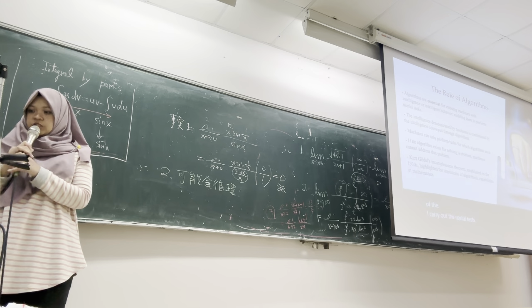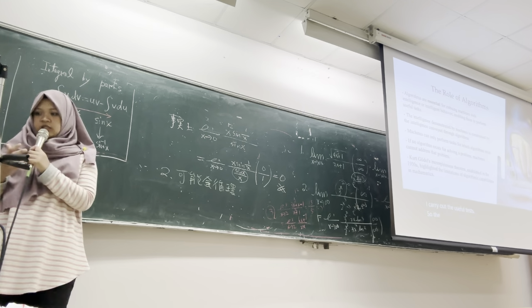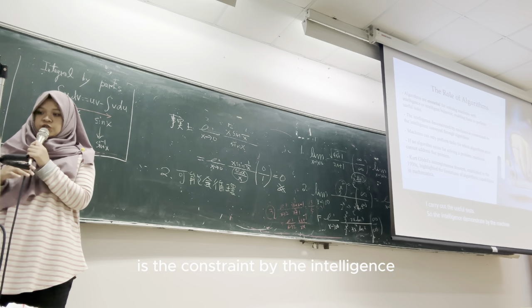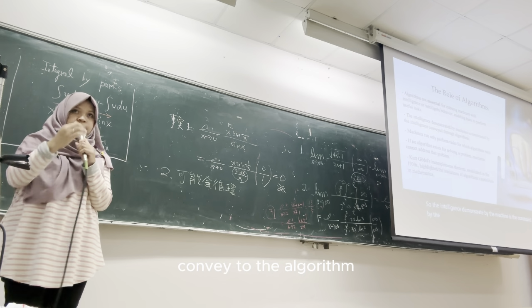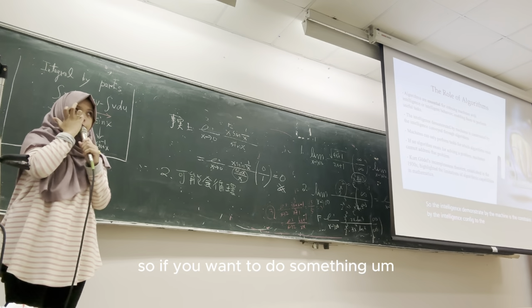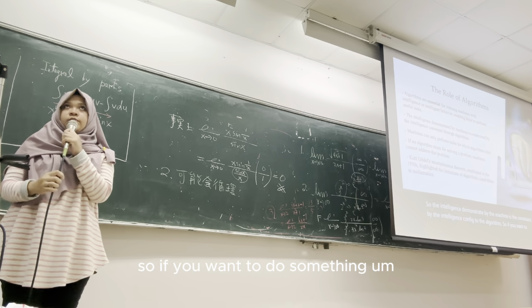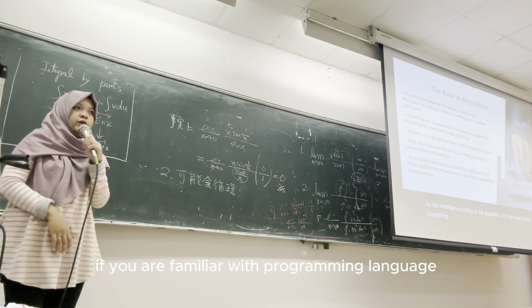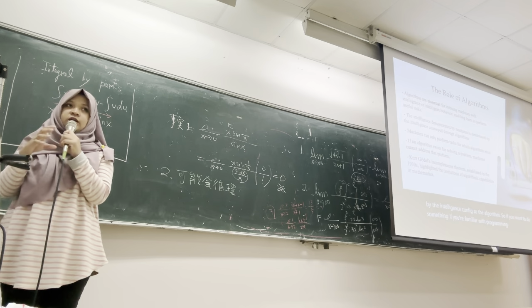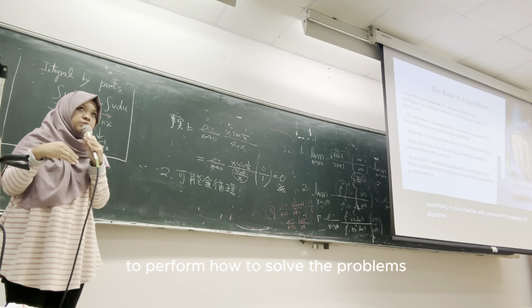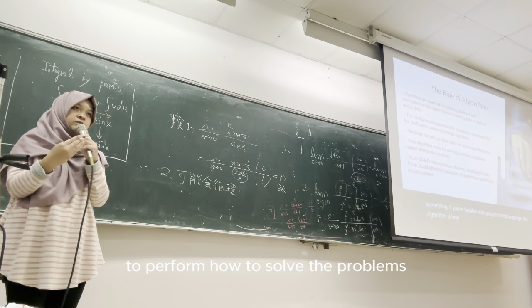So the intelligence demonstrated by the machine is constrained by the intelligence conveyed to the algorithm. If you are familiar with programming language, the algorithm is how to solve the problems.